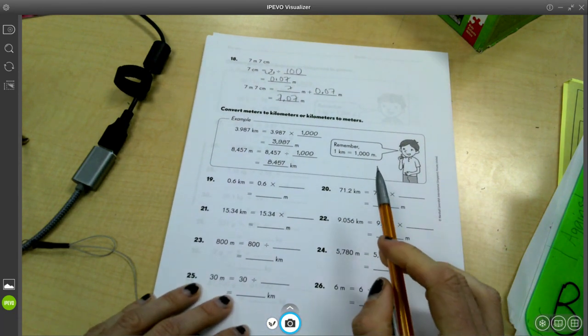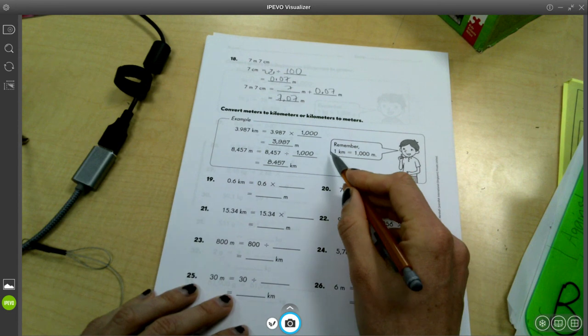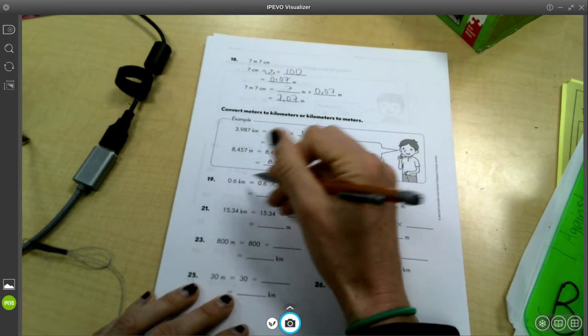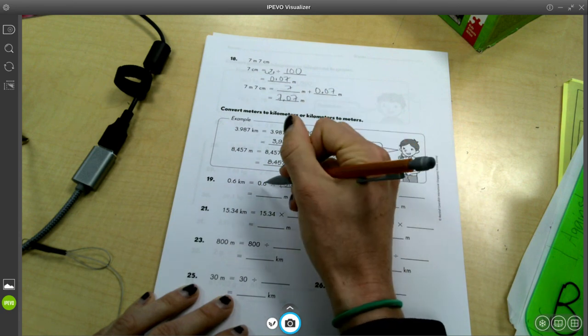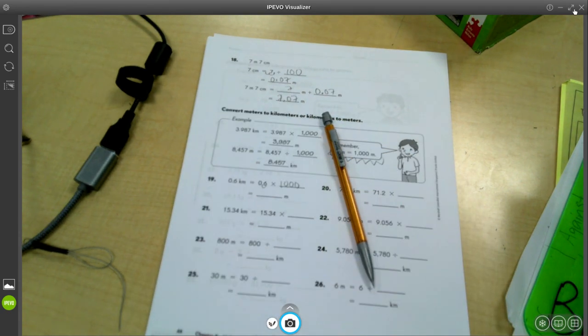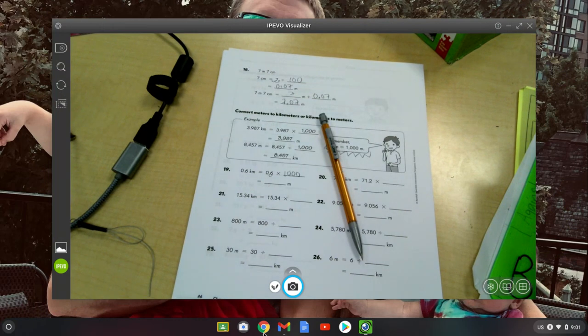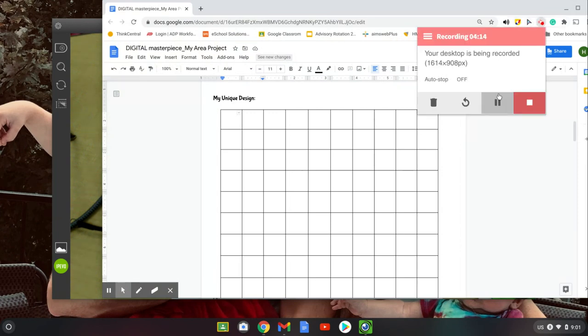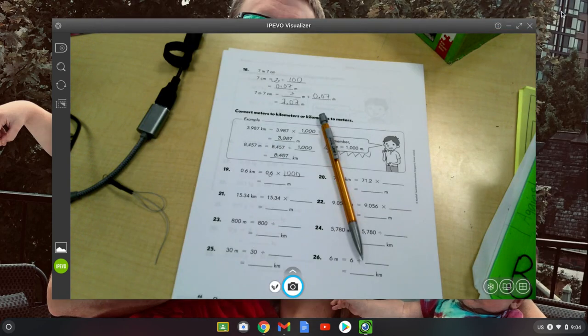Perfect. All right, here, remembering that 1 kilometer is 1,000 meters, I'm going to multiply my kilometers by 1,000 to get meters. Sorry about that.